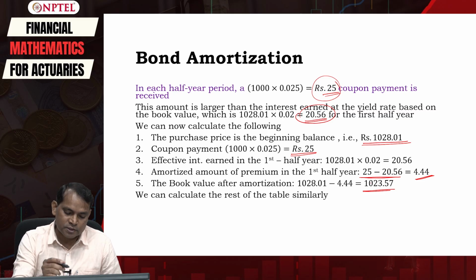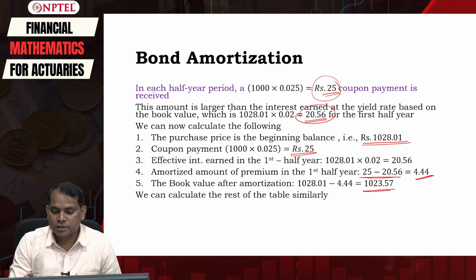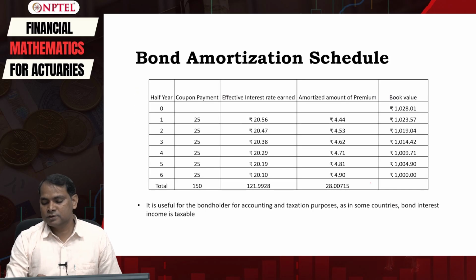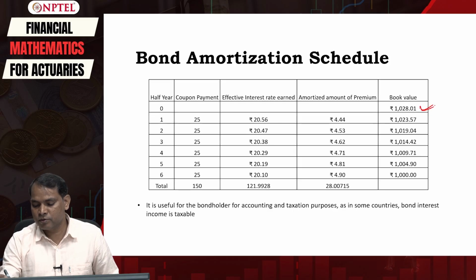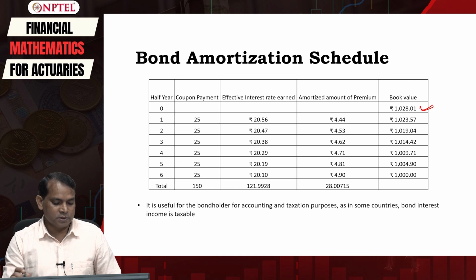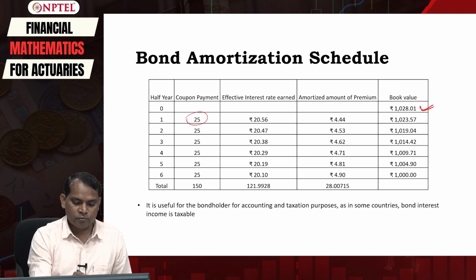The rest of the entries in our schedule will be computed similarly. Upon computation, we will get this table. This is the price of the bond we have already computed, and this is the coupon payment.